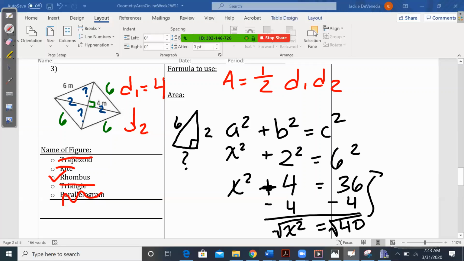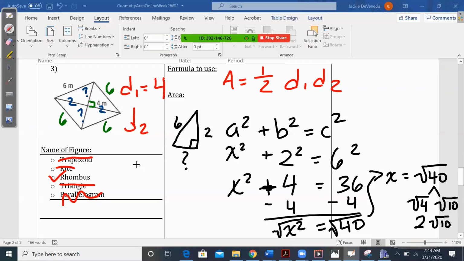Once I square root both sides, your x is by itself. You have a square root of 40, which you can break up as the square root of 4 and the square root of 10. And this over here, the square root of 4, that's a perfect square, so we can make it into 2 square root 10 if we want it simplified.